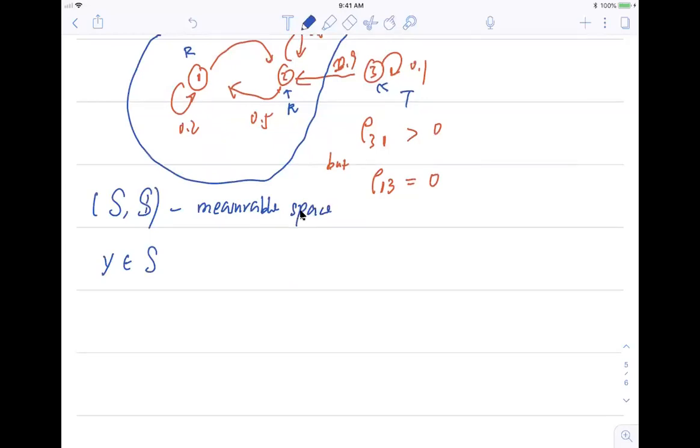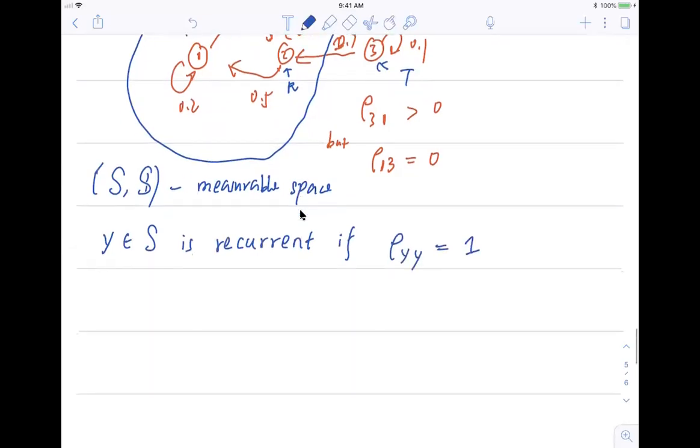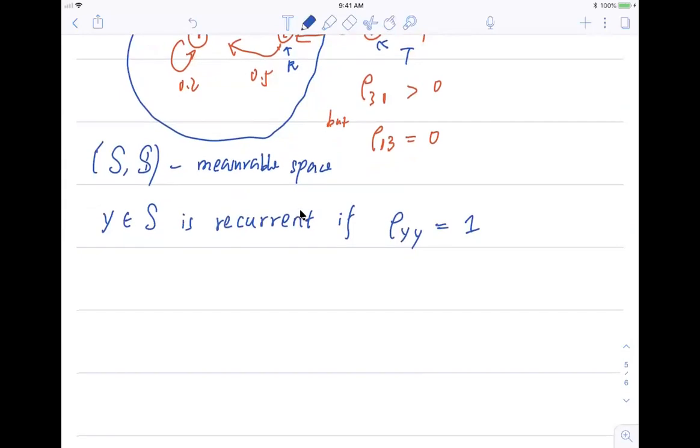Let's fix all our discussion on the state space, and y is a state. So y is called recurrent if starting from y, you always end up at y infinitely often.